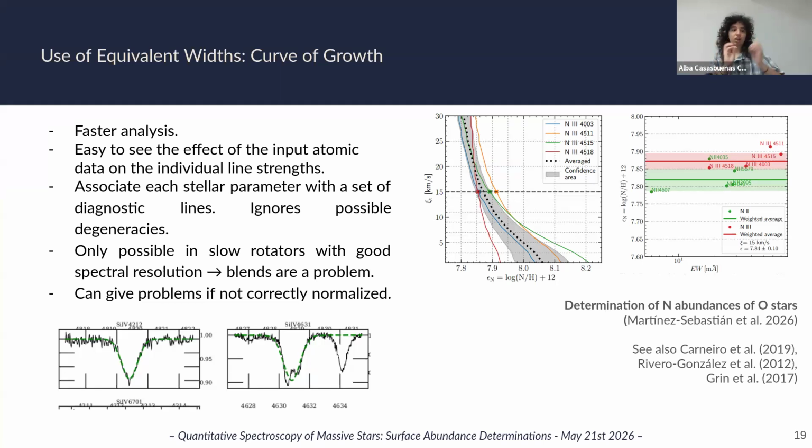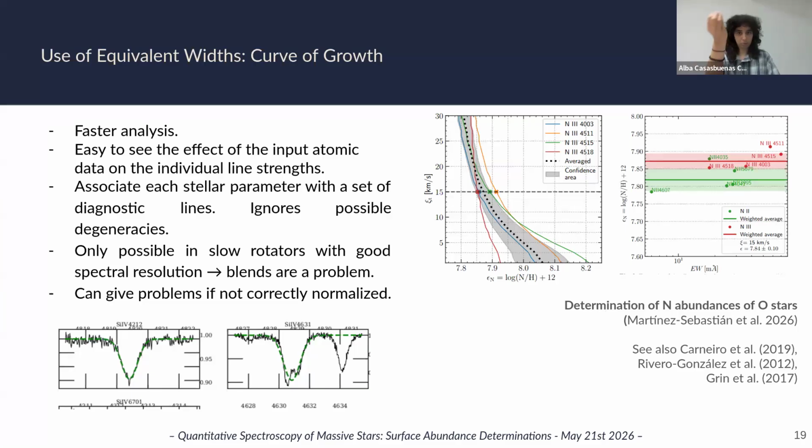However, it's associating each stellar parameter with a set of diagnostic lines, which ignores possible degeneracies. And if there are any problems with the previous parameter determination, it's going to affect the abundance determination as well.